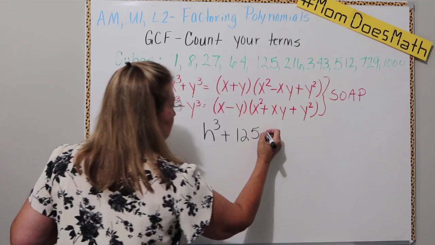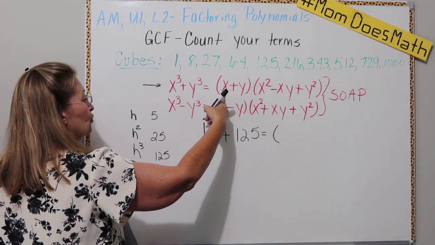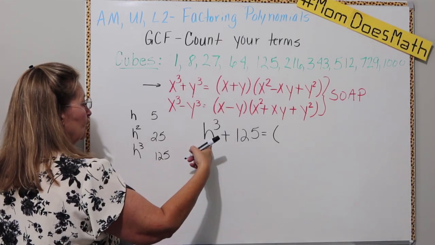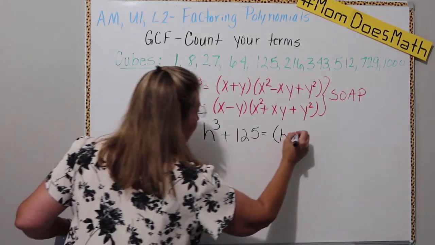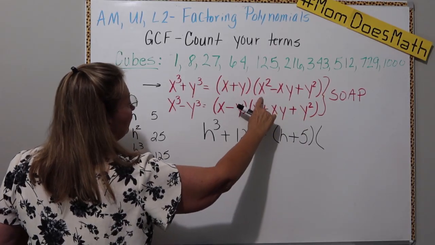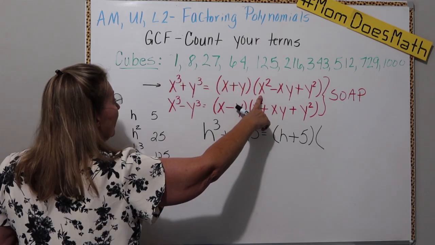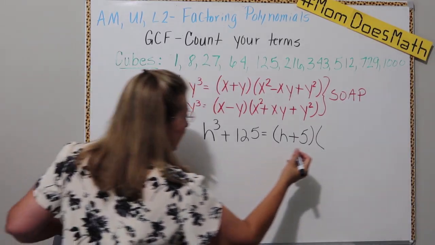So we're going to use the top. All right, this x corresponds to the root of the cubed. So that's going to be h plus 5. Now following my formula, next I need the square of the root of the first term, which was h squared.